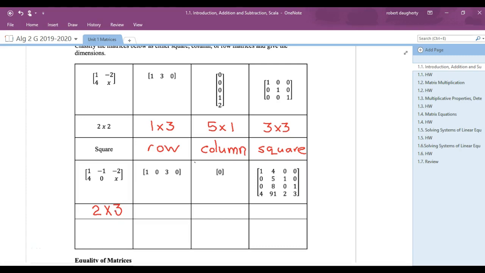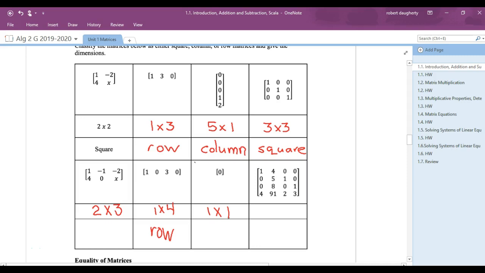What about this one? 1 by 4, it only has one row. So this is a row matrix. What about the next one? What's the dimension of that one? 1 by 1. Okay, so this is not the number 0.